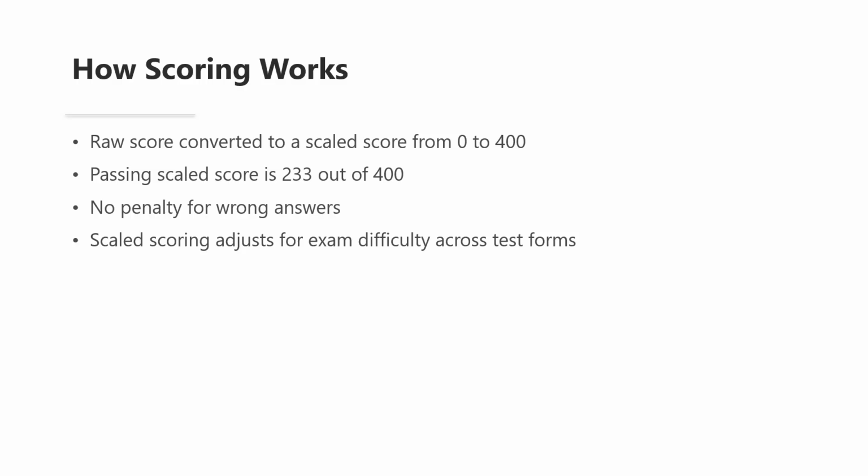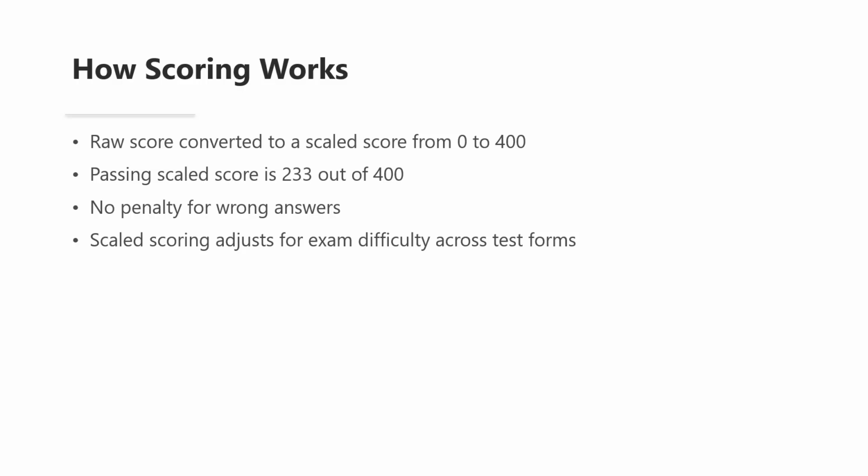Scaled scoring ensures that a candidate who happens to receive a slightly harder form is not unfairly penalized compared to someone who receives a slightly easier one. Think of it as a leveling mechanism that makes the exam fair for everyone, regardless of which specific form they receive. And let me remind you of one of the most important facts for your peace of mind.